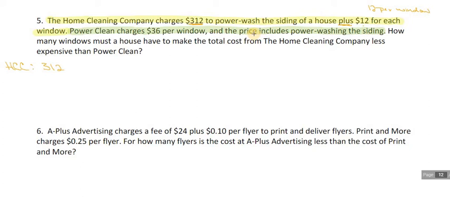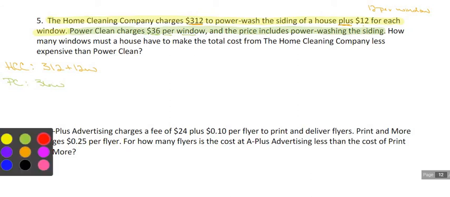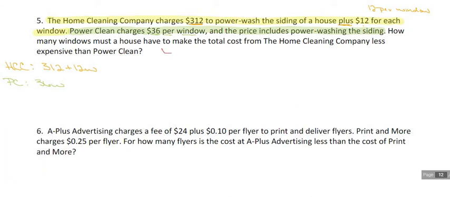So that would be plus 12W, where W equals number of windows. Then Power Clean just straight up charges $36 per window. So their price is calculated by 36 times W. First of all, let's let W equal number of windows.